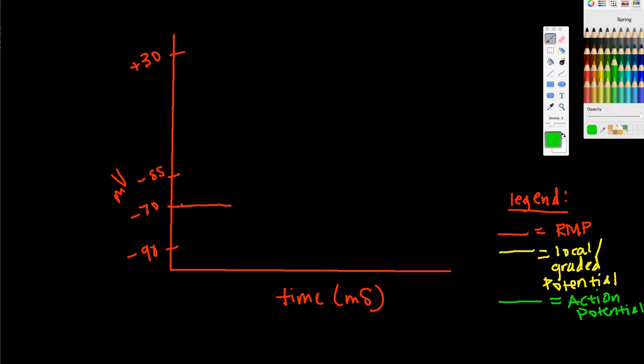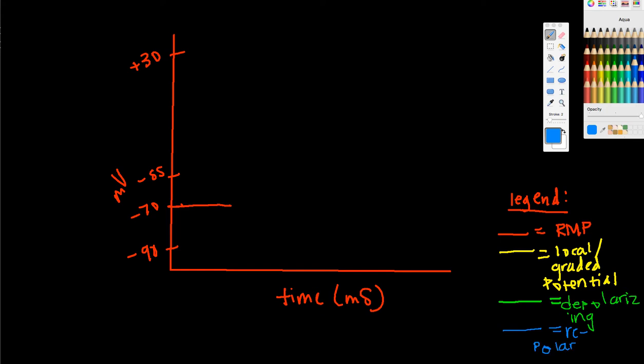But to stick with simplicity, let's just say that this is depolarization for now. So this is when the membrane is depolarized. Ran out of room. And I made it the same color as sodium. This line equals repolarizing.